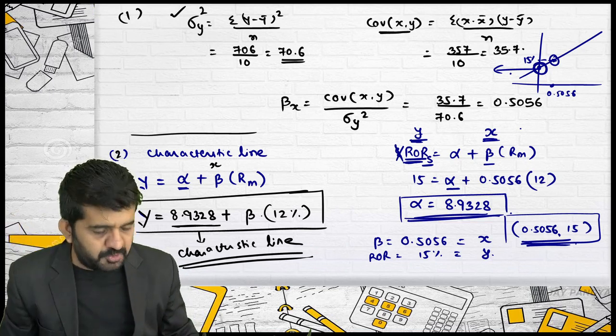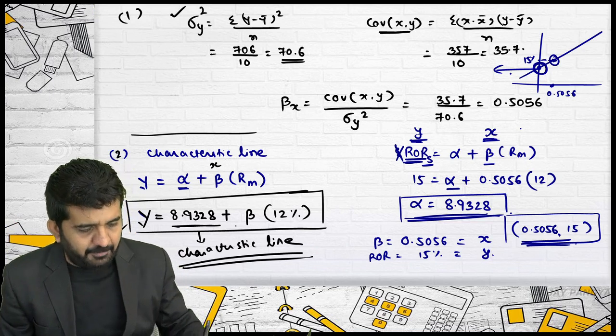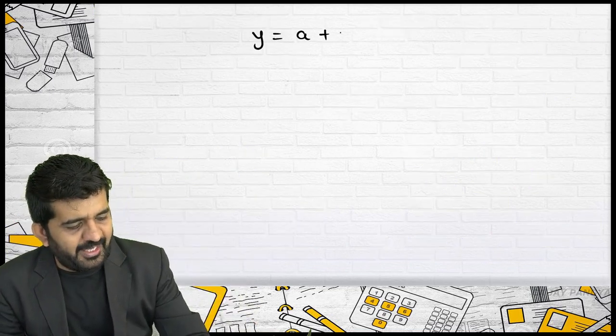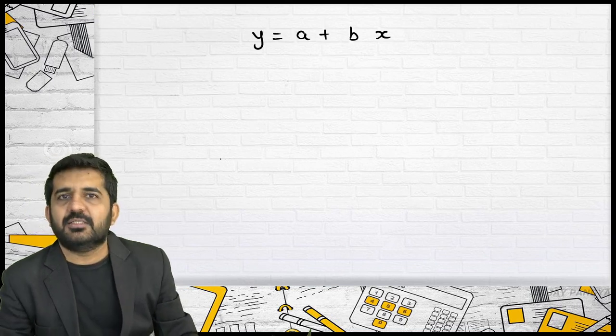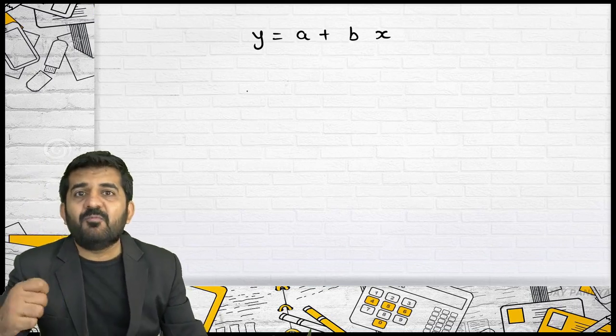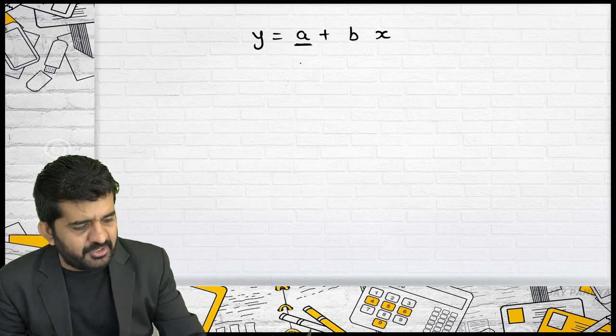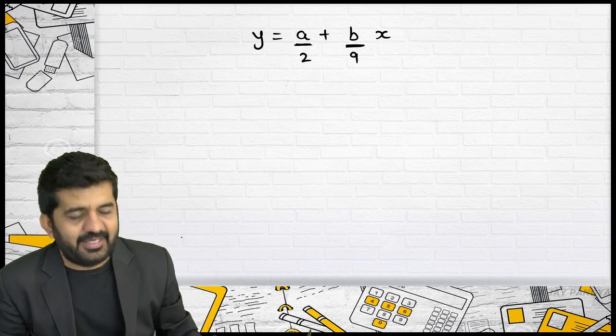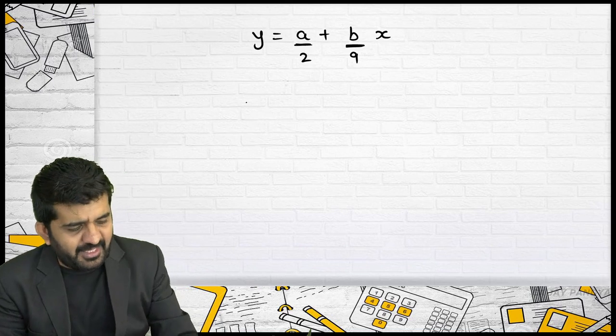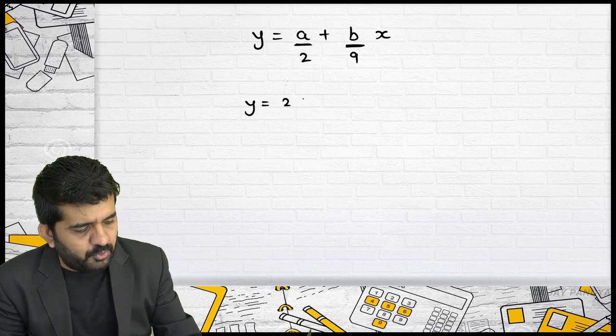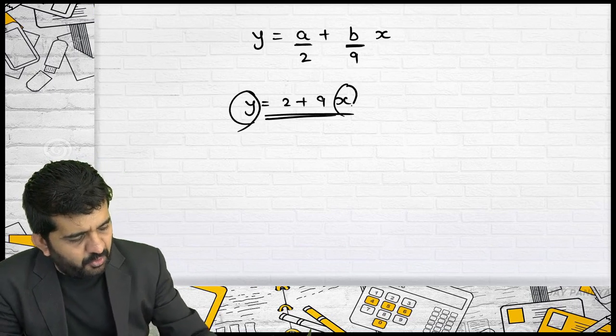You should not make this mistake. Keep it blank. Try to understand what a line is. Y is equal to A plus BX. So when someone tells me that A is 2 and B is 9, I will give him that this line is y is equal to 2 plus 9x. I should not write down the value of x and y.